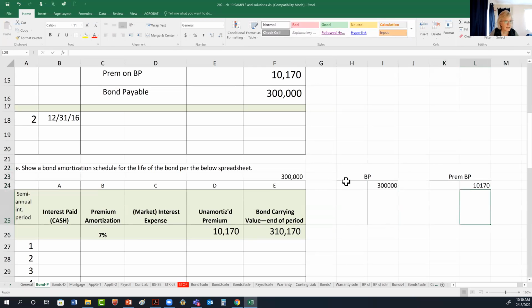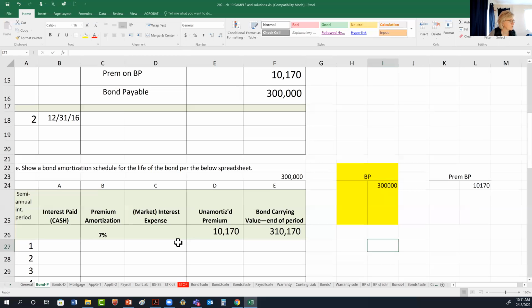This one doesn't get changed. It sits there throughout the life of the bond, but premium on bond payable has to be amortized to zero. And why do we amortize it? Because we're taking it against interest expense, not what we pay the bondholder, that's locked in, but against what this bond actually cost us, what we call the cost of borrowing this bond.